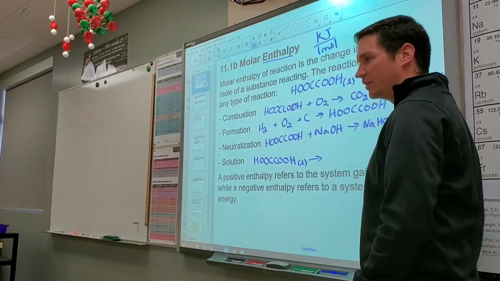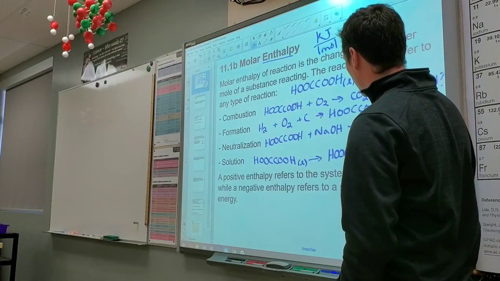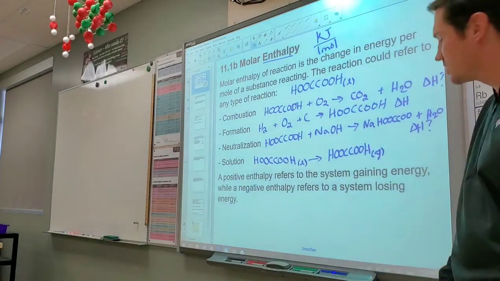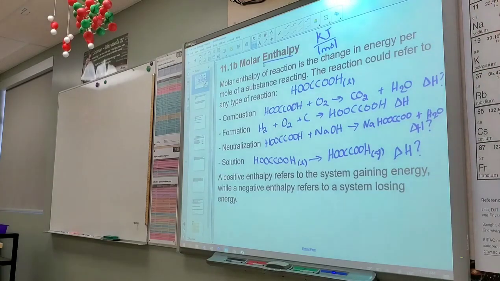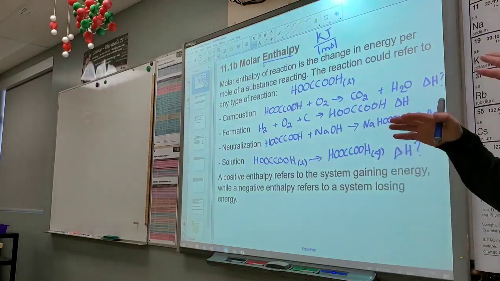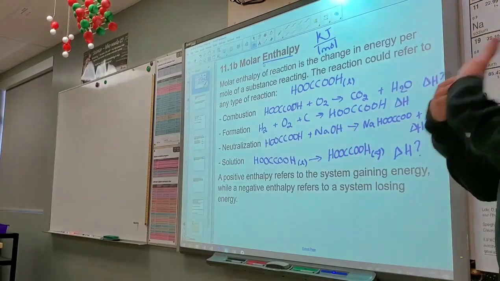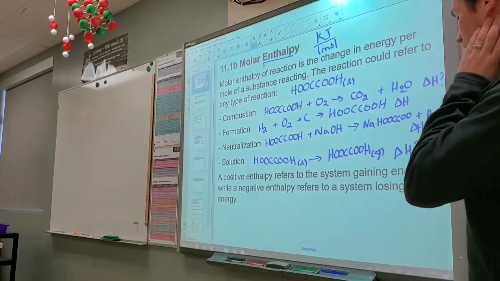What do I have to dissolve it in? Water. So HOOCCOOH aqueous. Every single one of these reactions is going to have a very specific delta H attached to it. And we're going to use a specific combination of letters to represent which reaction we are talking about.